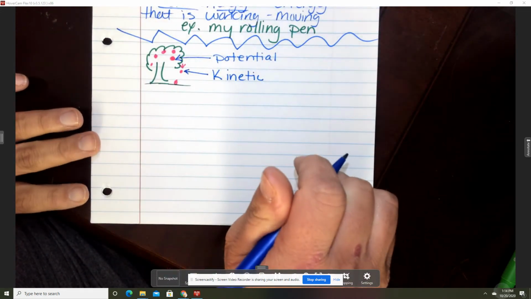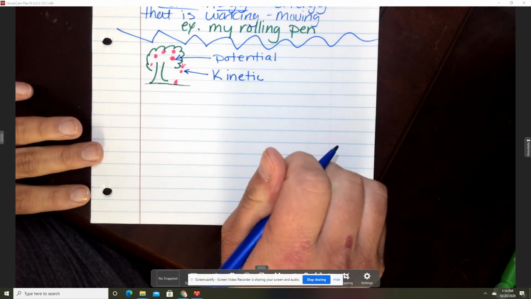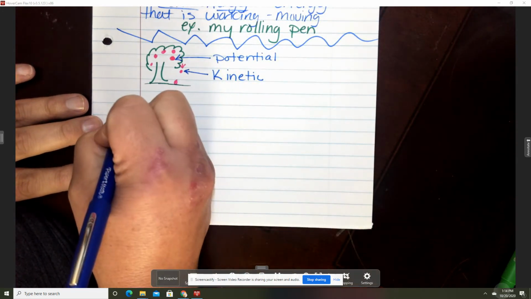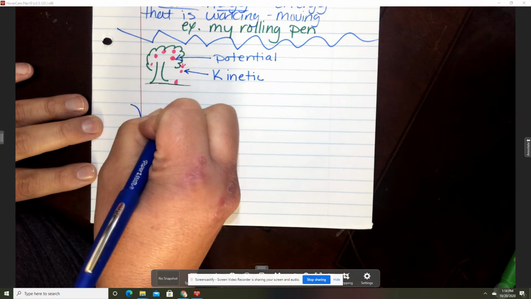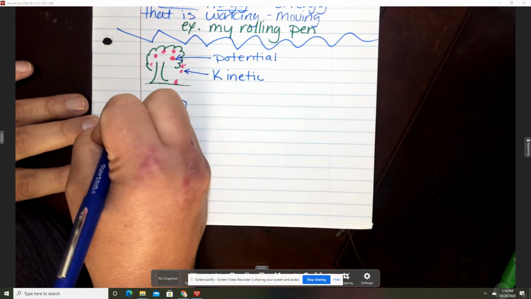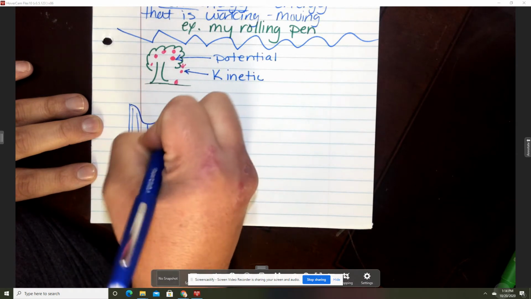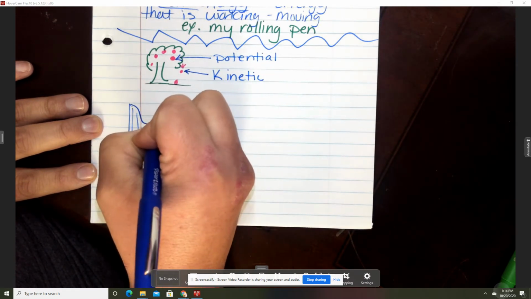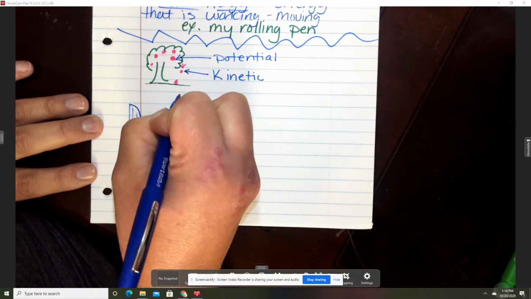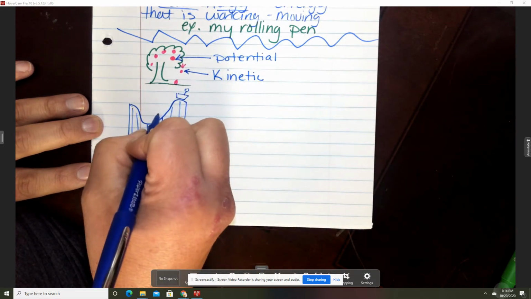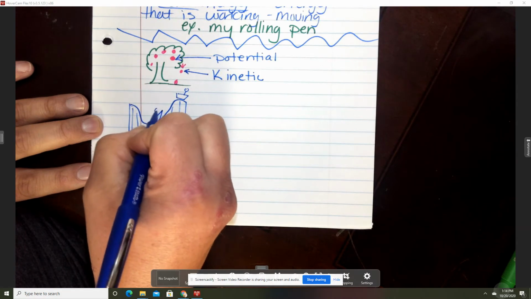All right, let's think about, again, I cannot draw, what about a roller coaster? Here's my little cart, and here's my other little cart.